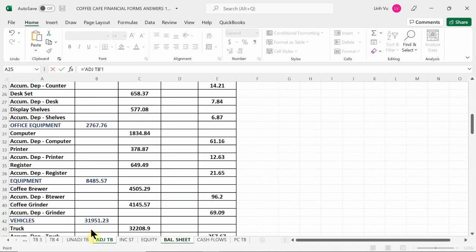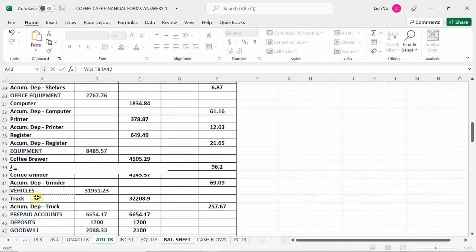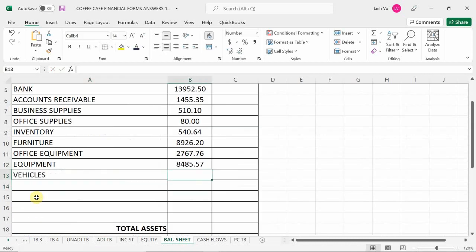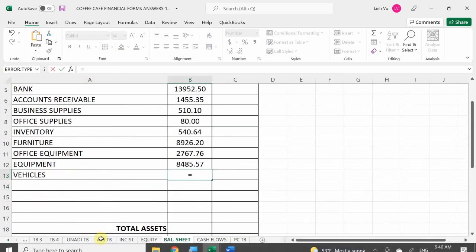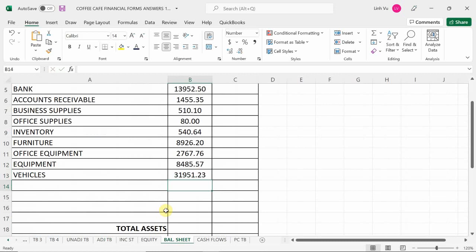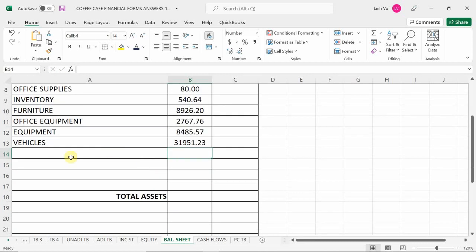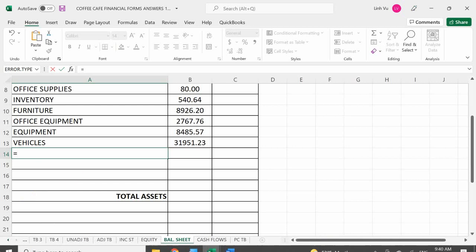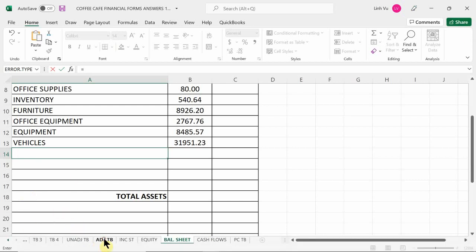Next asset I have after equipment is vehicles, right? My vehicles is currently standing at $31. Okay. And what's next?